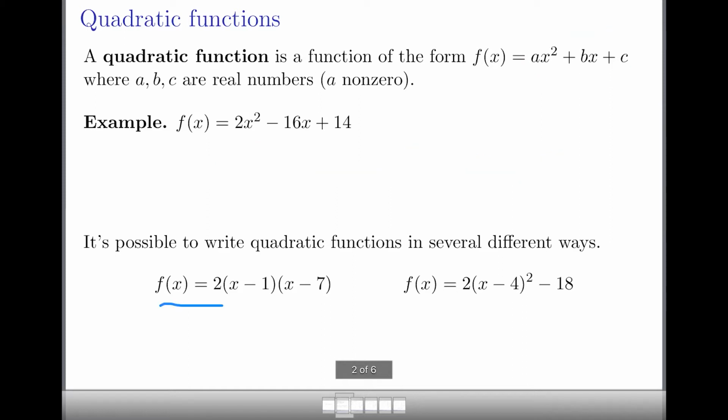Down here at the bottom, you can see two other ways to write the very same formula. If you were to expand this expression right here, it would eventually be equal to that. And similarly, if you expanded this and combined like terms, that would eventually be equal to this. So these are really all just different ways to write the same formula.